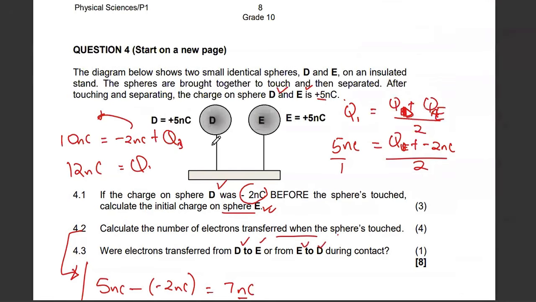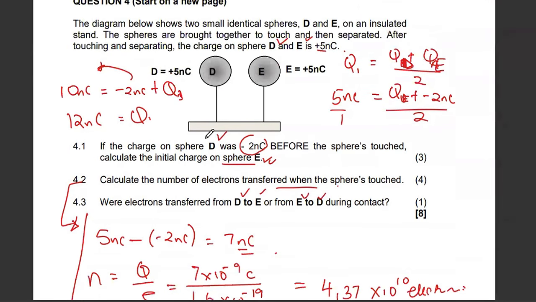So if originally the charge on E is 12 nanocoulomb and the charge on D is negative 2 nanocoulomb, we can see that E is more positive, D is more negative. So electrons will always flow from a more negative section to a less negative one. So it has to be D to E. Okay, so that is question 4.